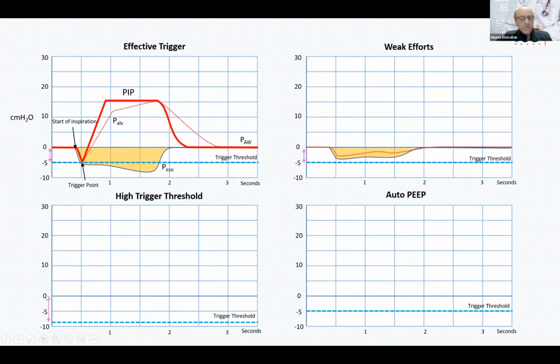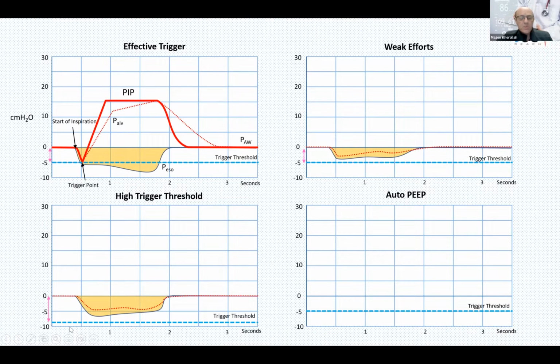So here we have a trigger set at -8 centimeters of water, meaning that the patient needs to drop the pressure to -8 in order to trigger the ventilator. So this is a good breath. Actually, you can see it's very similar to the first one. Even the pressure is dropped lower than -5, and it's dropping the alveolar pressure at the same time. However, it's not triggering the ventilator.